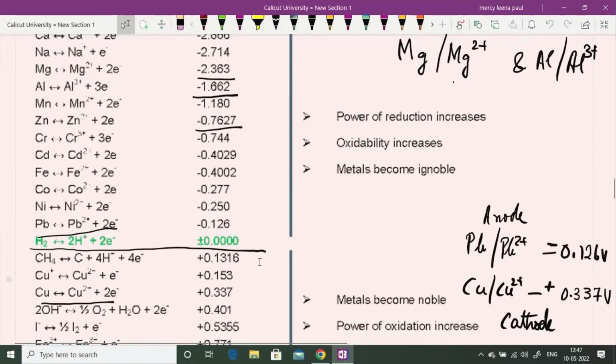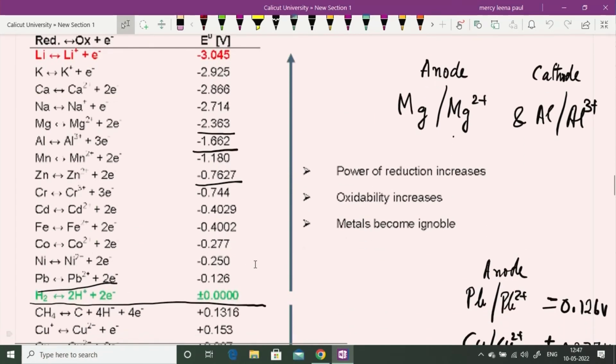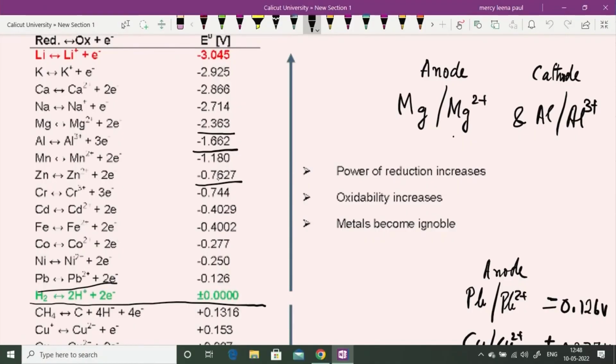Hydrogen has got 0 reduction potential, while the value of zinc is, as we have seen, equal to minus 0.7627 volts. So, we know that zinc is more electropositive, it likes to get oxidized. So, it displaces hydrogen. So, any metal lying above hydrogen has got a higher oxidation tendency than hydrogen, and therefore, it will displace hydrogen from dilute acid solution. Okay.